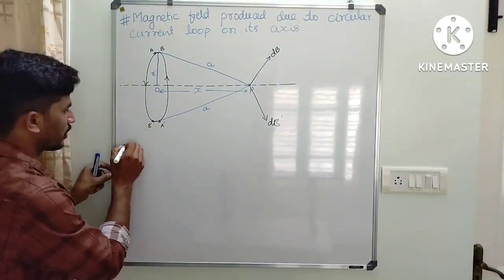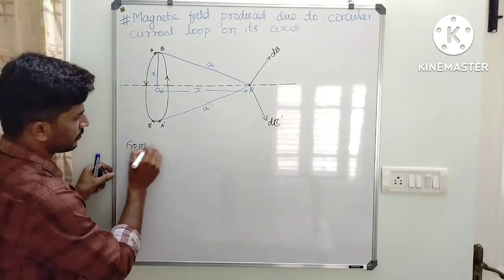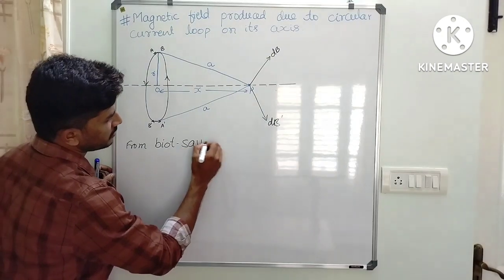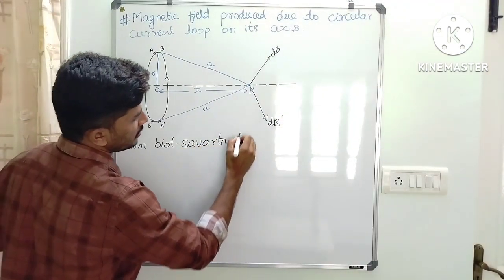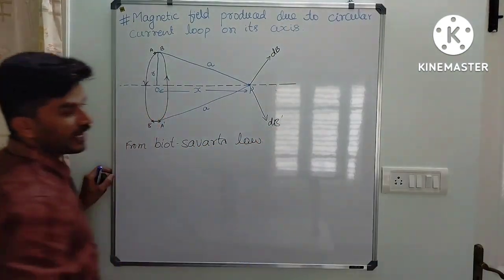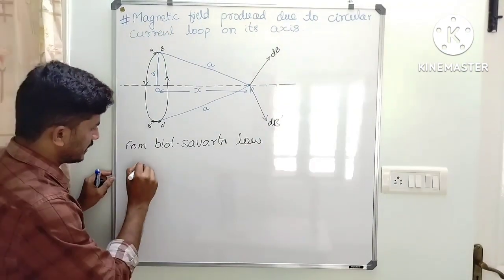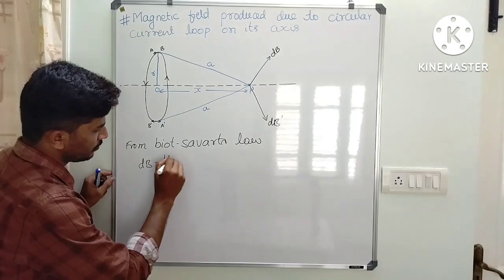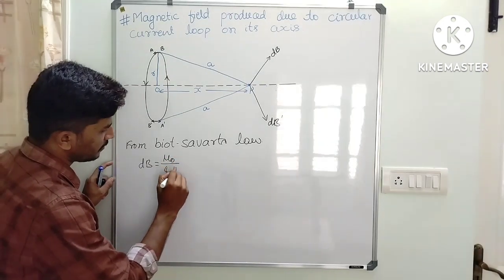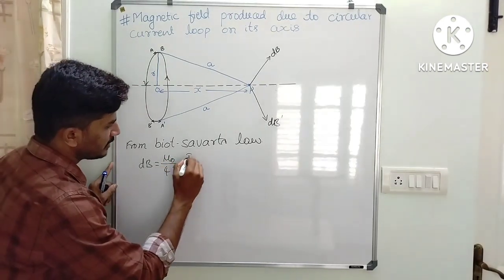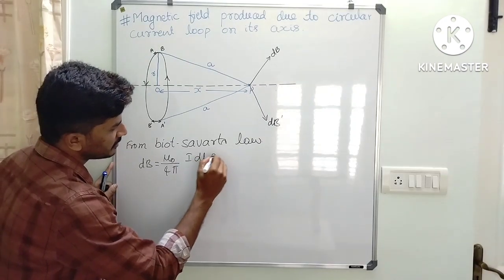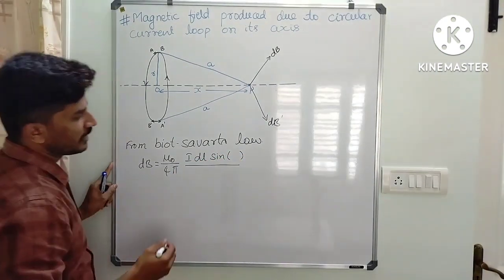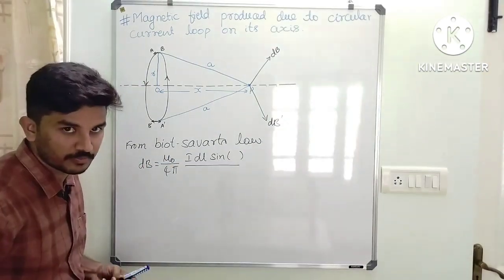From Biot-Savart's law, we have dB is equal to mu naught by 4 pi I dl sin theta divided by r square.